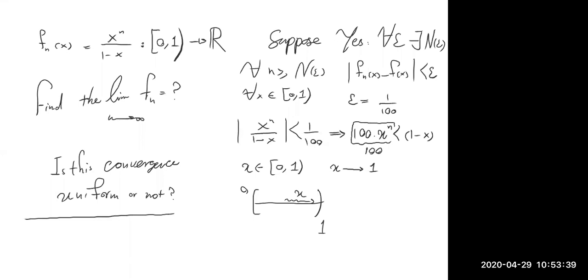Remember now n is fixed. It's supposed to be correct for any n greater or equal than capital N. I fixed one of these numbers n. So when x goes to 1, the left-hand side goes to 100. The right-hand side goes to 1 minus 1, which is 0. So it means 100 is less than 0, which is a contradiction. So this convergence is not uniform.